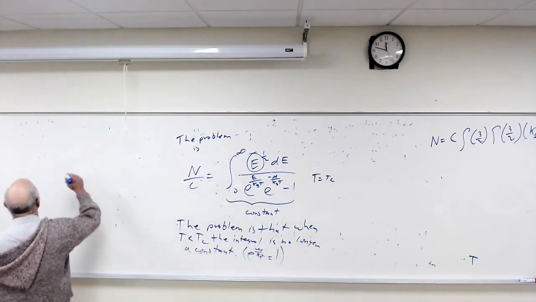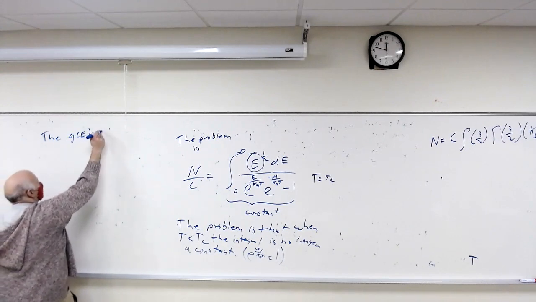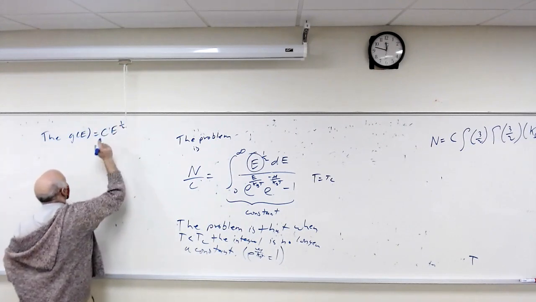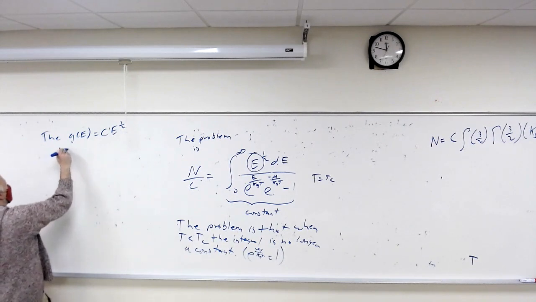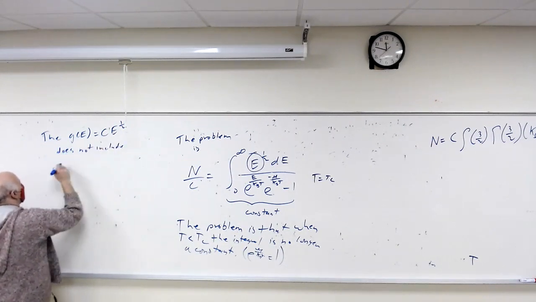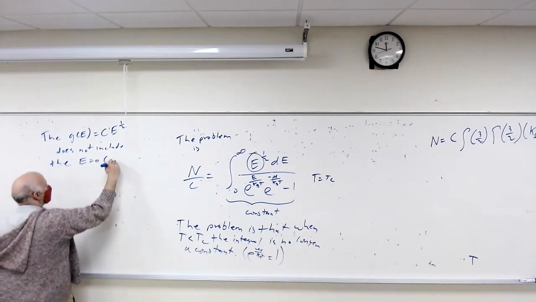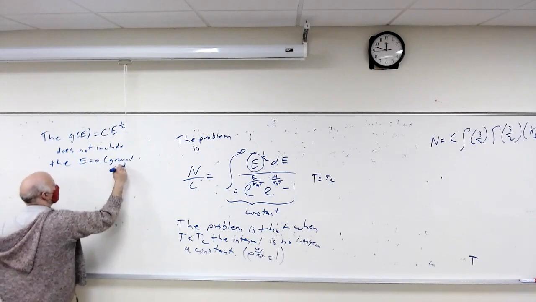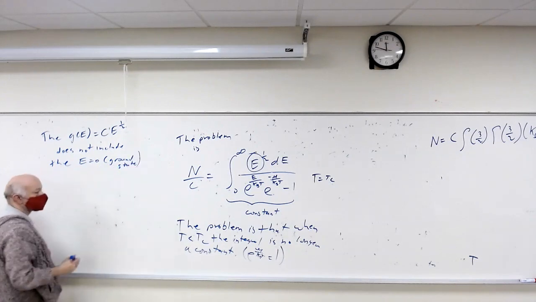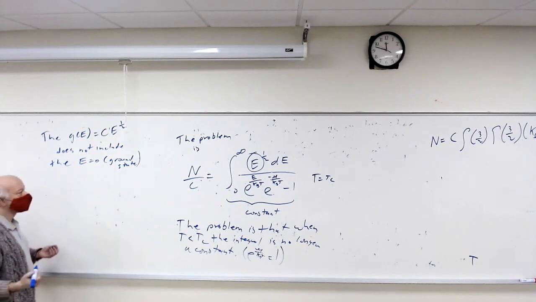So the problem: the g(E) proportional to E to the 1/2 term does not include the E equals 0 ground state, because E is 0. Okay. So we're going to have to put that in by hand.